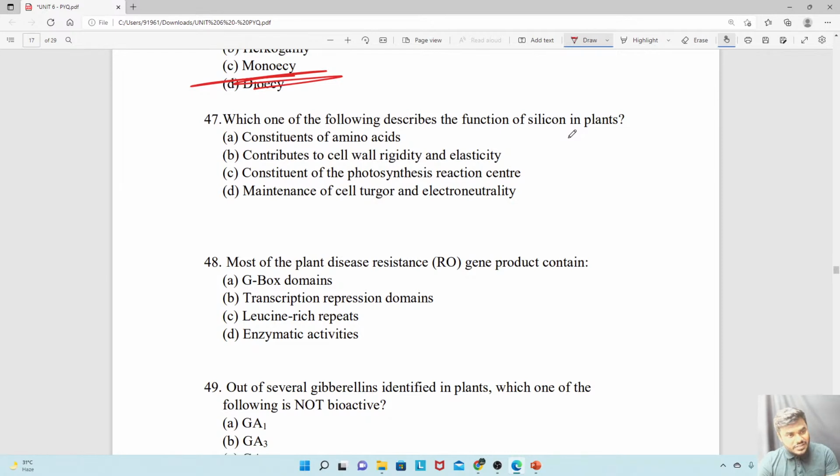It's an easy question, friends. Just understand. It's a common question which we read in our 12th standard.